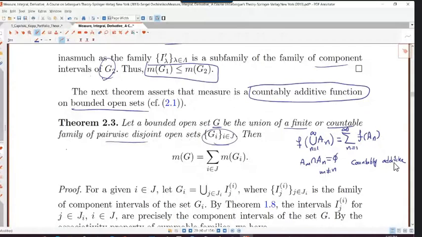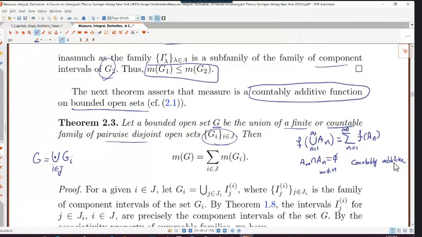Okay, so G is the union of G_i where i belongs to J. Let us put a point here to emphasize that the G_i are mutually disjoint.